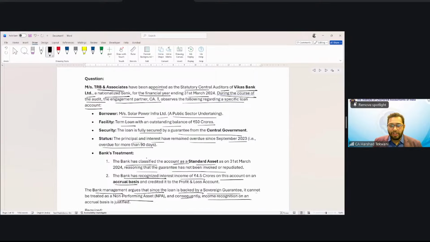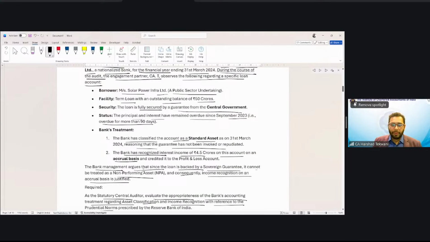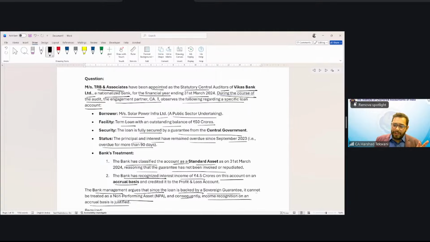Consequently, income recognition on accrual basis is justified. You, as a statutory auditor, evaluate the appropriateness of the bank's accounting treatment regarding the asset classification and income recognition with reference to the prudential norms. So tell me whether this asset classification and income recognition is appropriate or not.